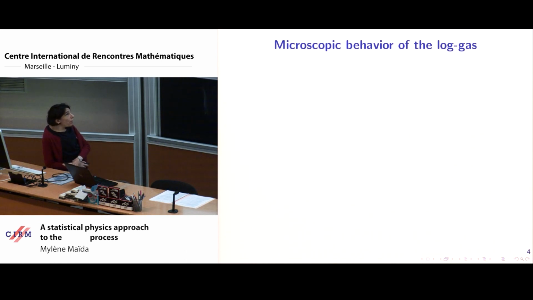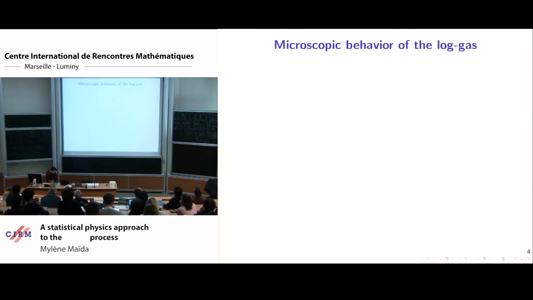So what do we know about the microscopic behavior of these log gases? In the case beta equals 2, this has been known for a long time, and we know that the limiting process inside the bulk is the Sine process, which is a determinantal point process. It has a lot of nice properties that have been studied extensively, and I will focus here on the general beta case.